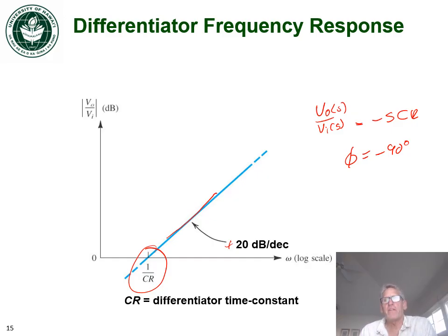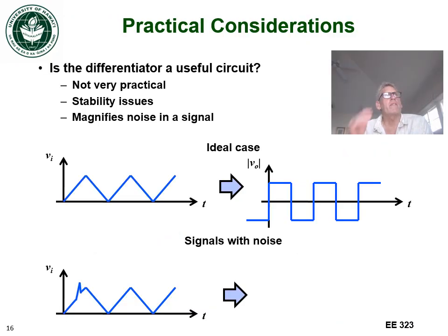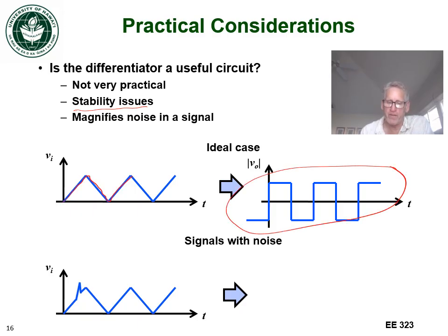Now, it turns out the differentiator is not used all that often, nothing like the integrator. And one of the reasons is that it's not really that practical because it has some stability issues. And what I mean by that, in the ideal case, if we had a triangle wave and we could differentiate that and create the square wave. But if you add a little bit of noise, right, we're taking the derivative of that signal.